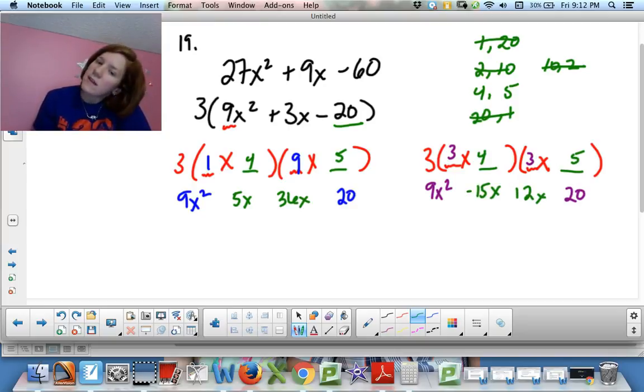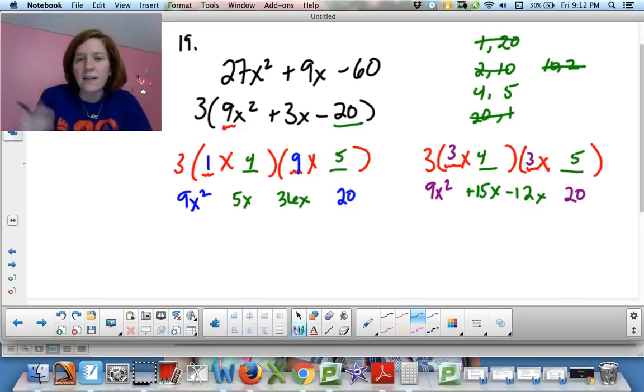Now, if I make this negative, negative 15 and positive 12 is negative 3. It's not quite what I want because I want positive 3, but that gives me hope. If I change it so that this one's positive and this one's negative, 15 and negative 12 is equal to 3. So that makes me think that this is my answer.